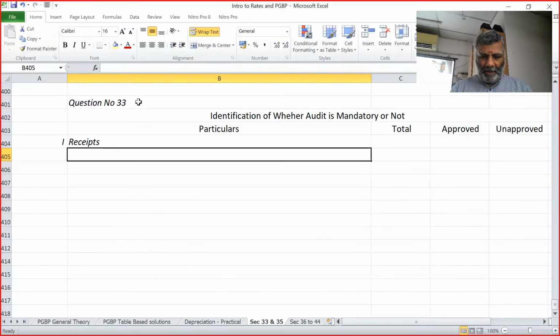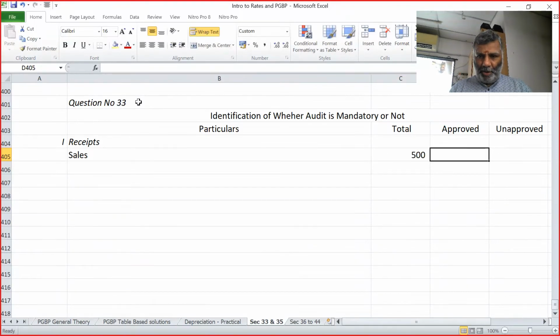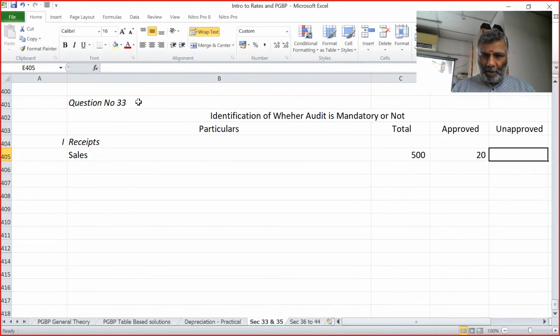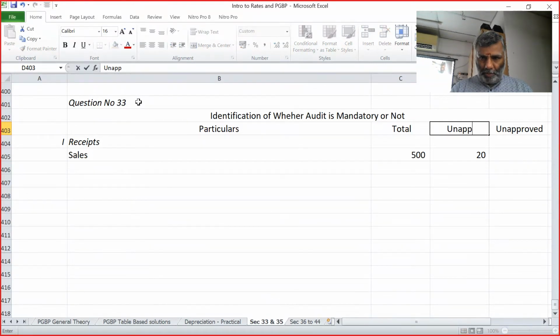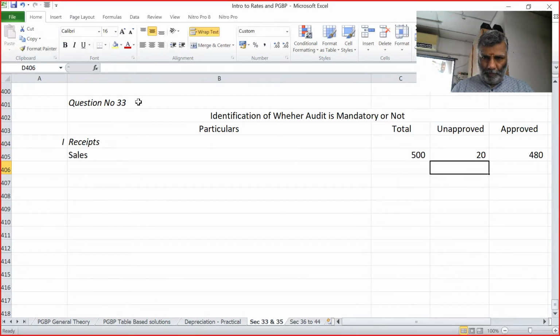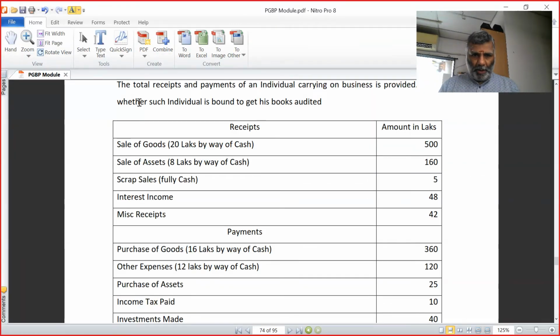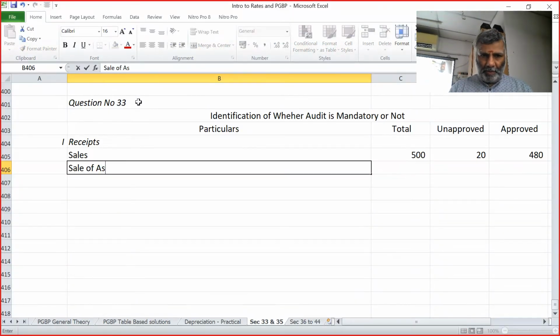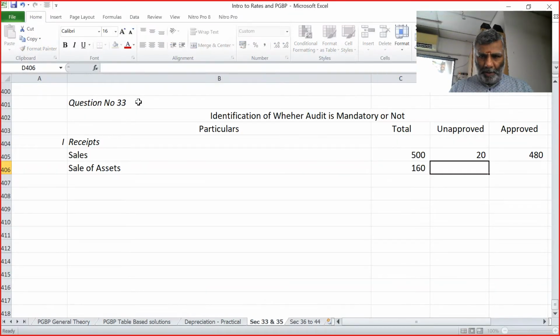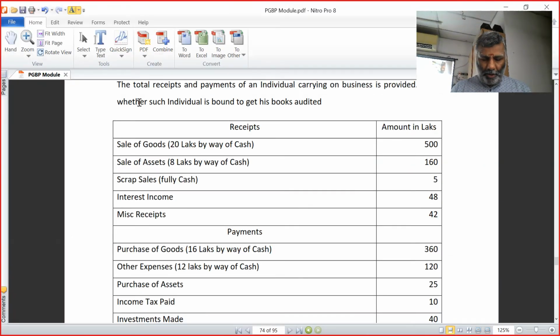Sales total is 500 lakhs, of which 20 lakhs is by cash, and the balance by banking. Sale of assets, total is 160, of which 8 is by way of unapproved modes or cash, remaining by banking.